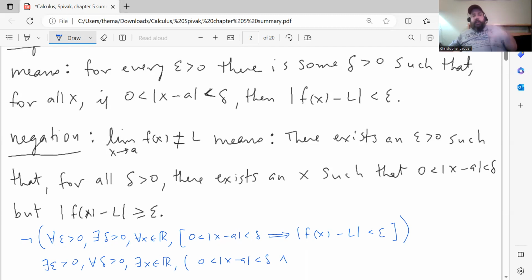The negation of a conditional is a conjunction, not another conditional. So be careful about that. Here this would be (0 < |x - a| < delta), and maybe I should put these in parentheses so it's clear what is part of the conjunction, and |f(x) - L| ≥ epsilon.